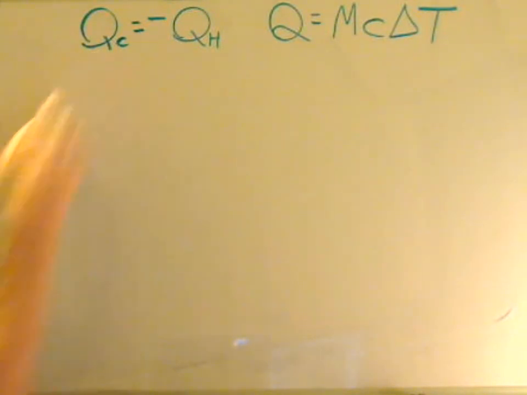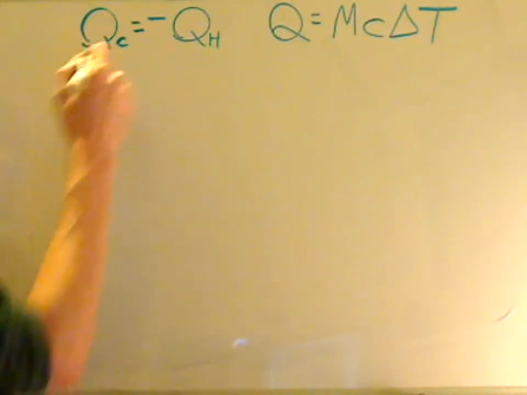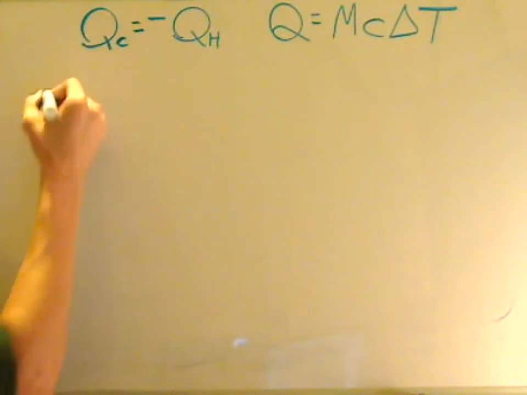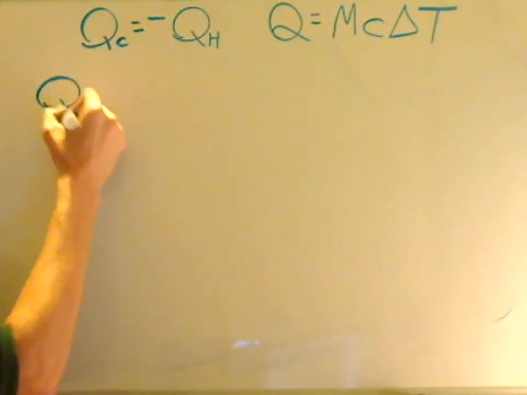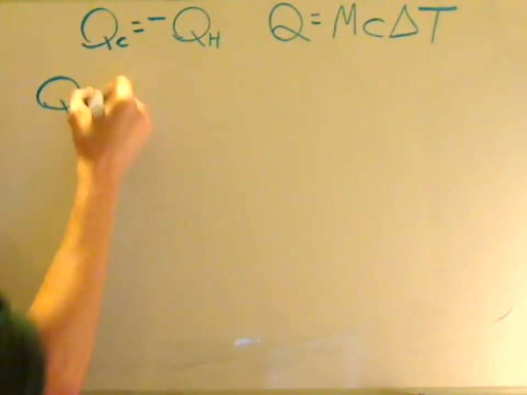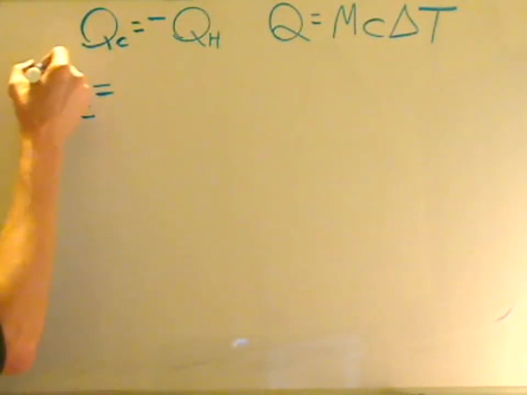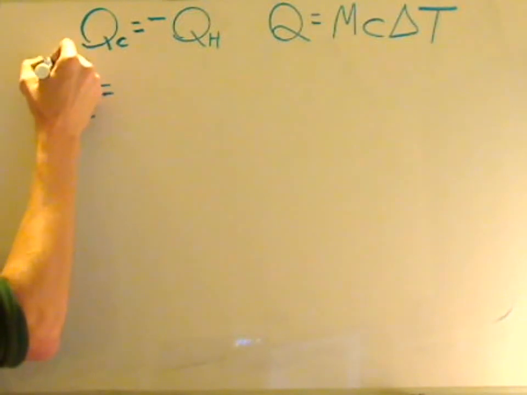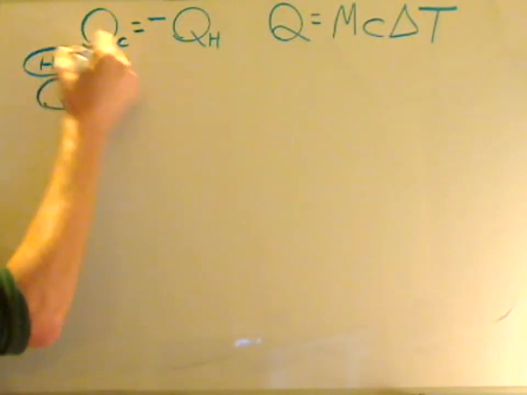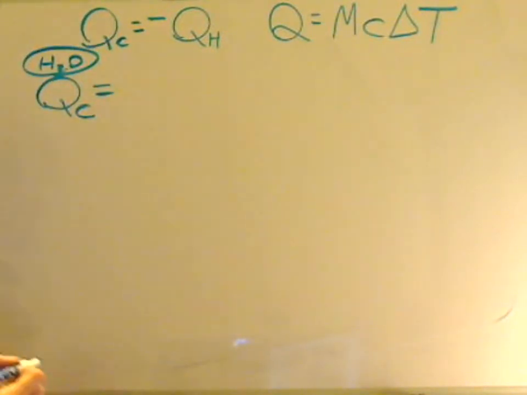So let's first calculate the heat that goes into the cold substance, QC. Well, Q again is MC delta T. So for the cold substance, that's our water. Okay, we're talking about the water here.